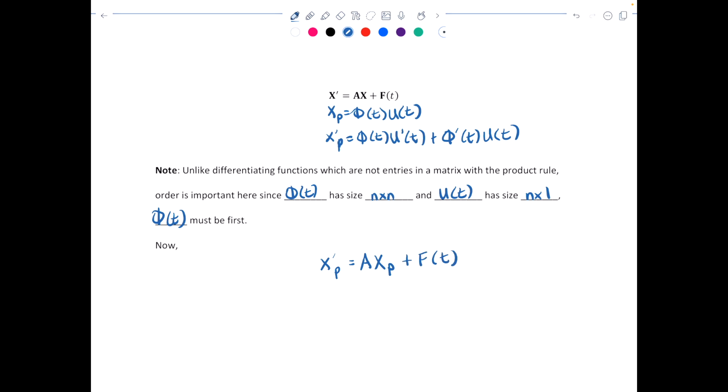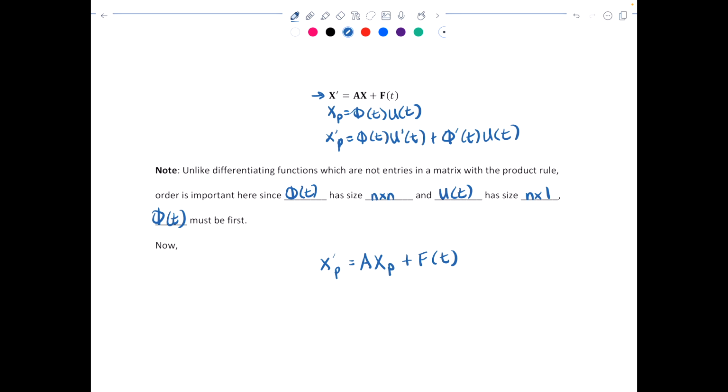So we had x prime up here, we had x prime was equal to A times x plus f at t. So x prime of the particular solution would be A times xp plus f at t. Cool? So that's all that happened here.